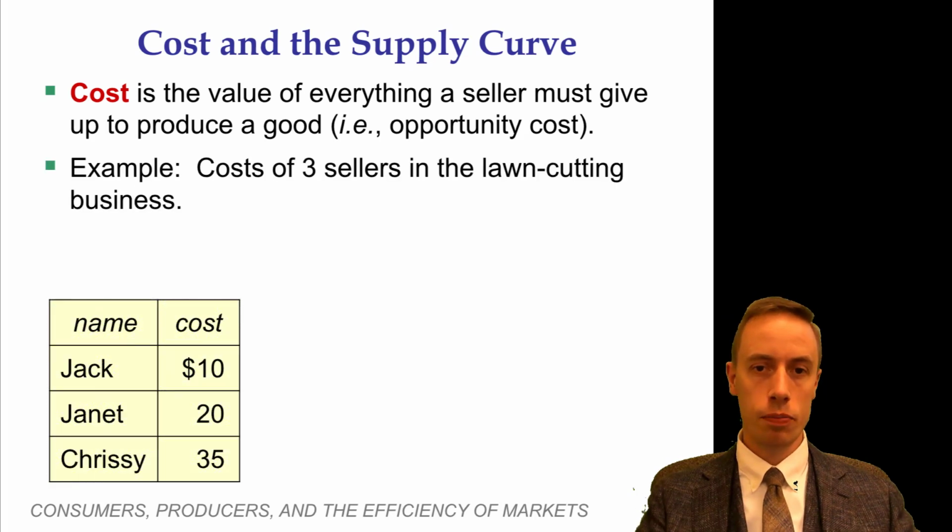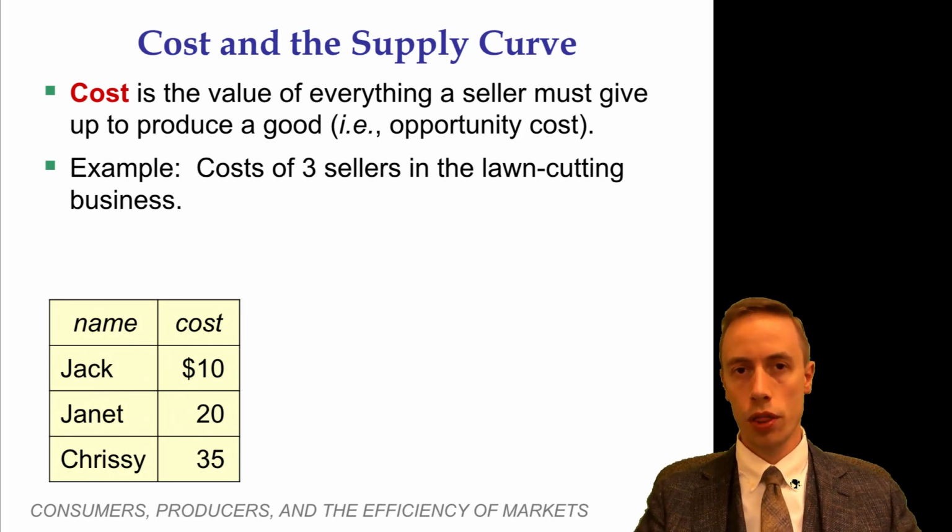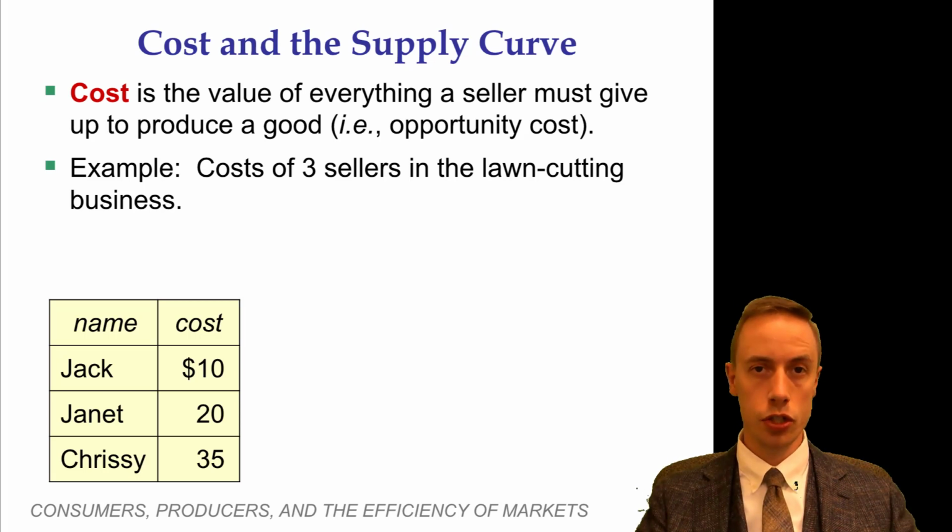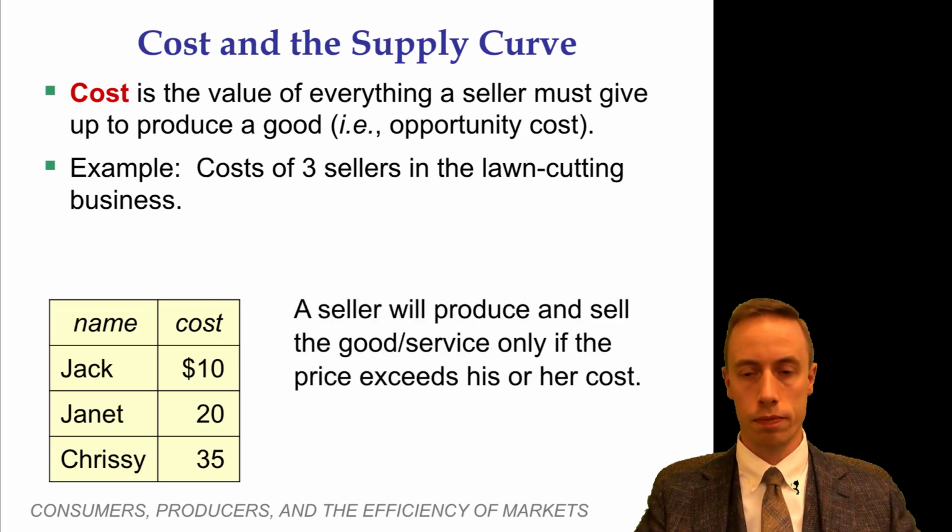For now, let me start with a simple example. Let's say we've got 3 perfectly randomly chosen individuals who are in the business of mowing lawns. For simplicity, again, we'll restrict each of them to mow 1 lawn at the most. Here's the rule for how they decide if they want to mow a lawn.